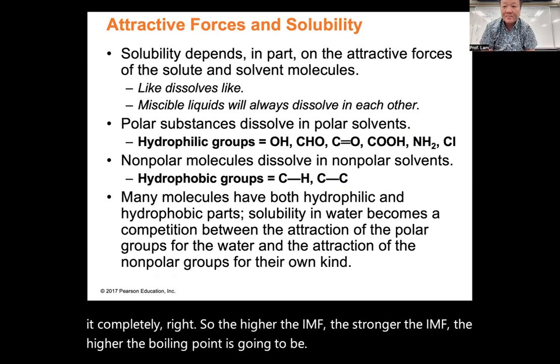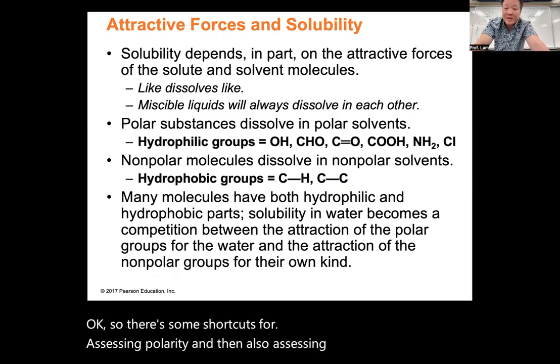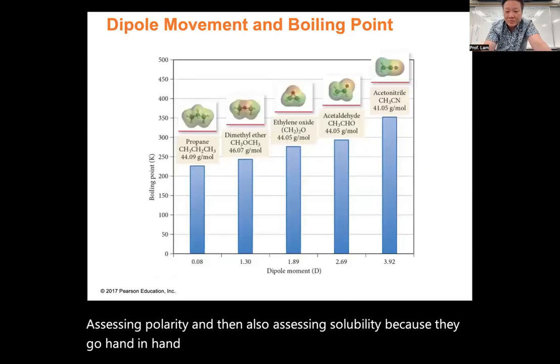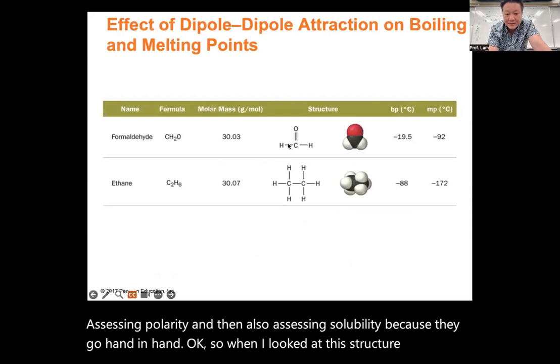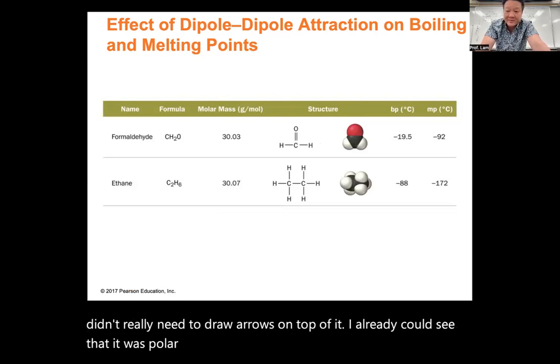Okay, so there's some shortcuts for assessing polarity and then also assessing solubility because they go hand in hand. Okay, so when I looked at this structure here, I didn't really need to draw arrows on top of it. I already could see that it was polar because I'm trained to see that, right?